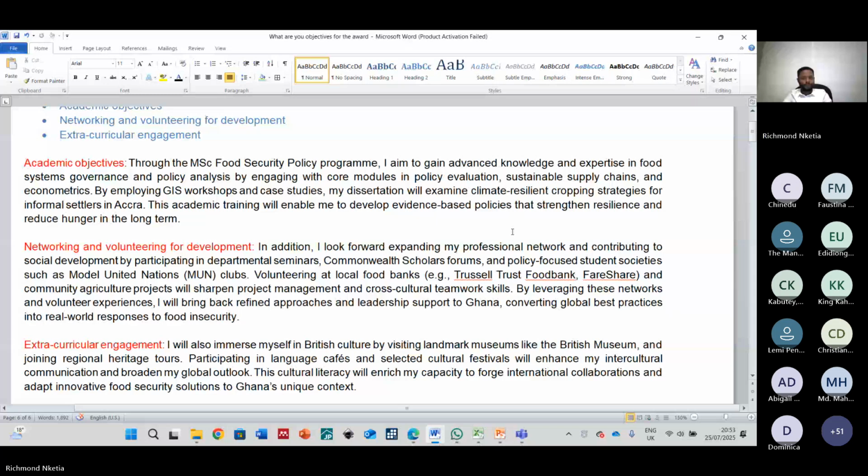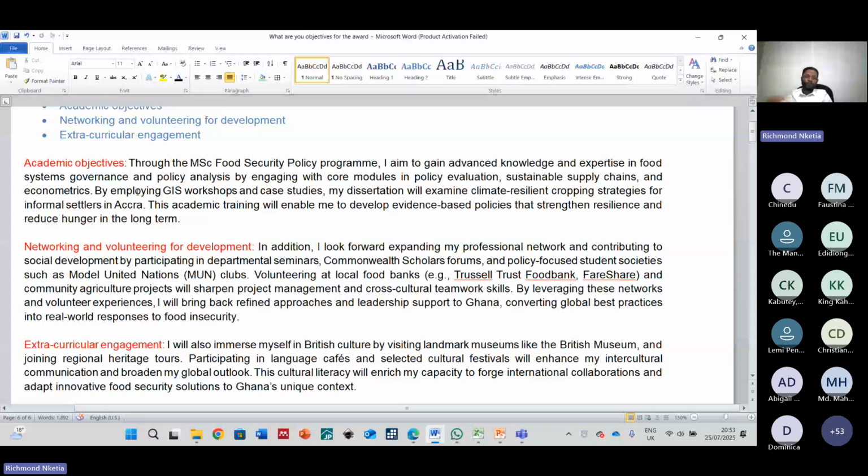Yes. So I start by saying, through the MSc Food Security Policy Program. I don't know if it is the same program I stated out there, but it should be the same. Through the MSc Food Security Policy Program, I aim to gain advanced knowledge and expertise in food systems governance and policy analysis. So I'm more specific here.